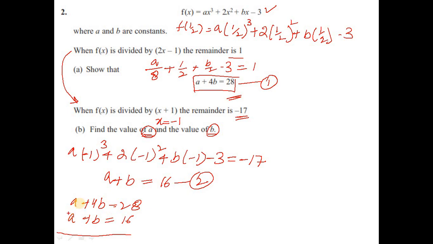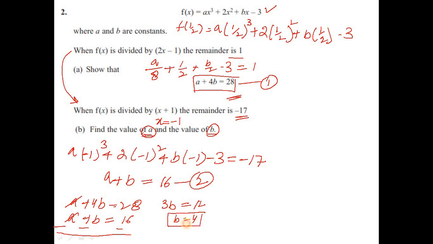It's easy to eliminate a, so I'm subtracting the second equation from the first. a is gone, 4b minus b is 3b, is equal to 28 minus 16, which is 12. That means b is equal to 4.